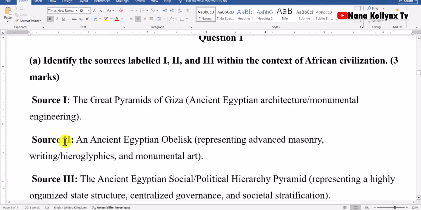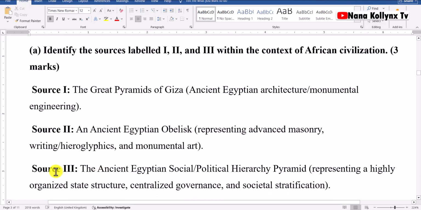Source 2 was the ancient Egyptian obelisk, which had the writings of the hieroglyphics and other things on them. Then source 3 is the ancient Egyptian social political hierarchy pyramid, representing a highly organized state structure, centralized governance, and societal stratification.